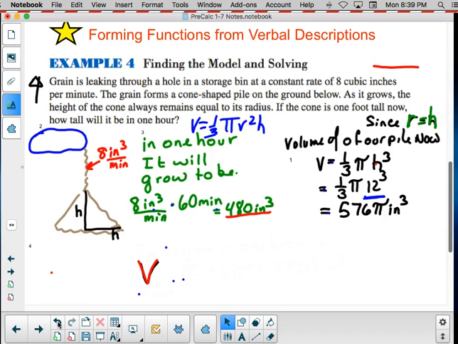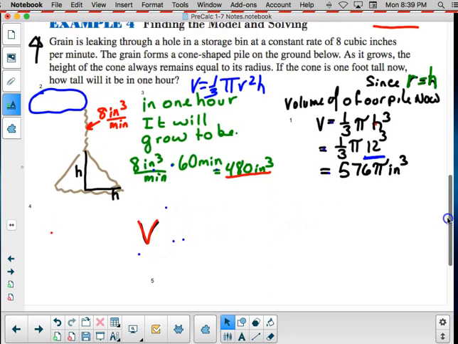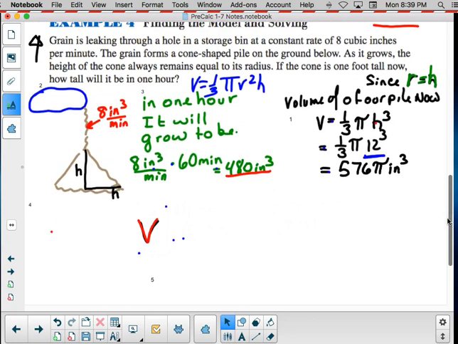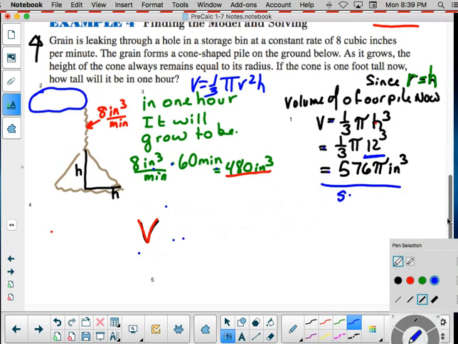Now I'm going to leave that pi because I want to have all my value in there. I'm not going to multiply it out. I suppose I could if I wanted to, but I'm just going to leave it in there. So now I know this is my starting volume, and this is how much it grows in an hour.